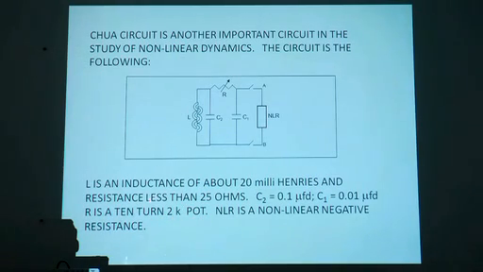The important point is that the resistance of the inductance must be less than about 25 ohms, and NLR is a nonlinear negative resistance. This is the heart of the Chua circuit.